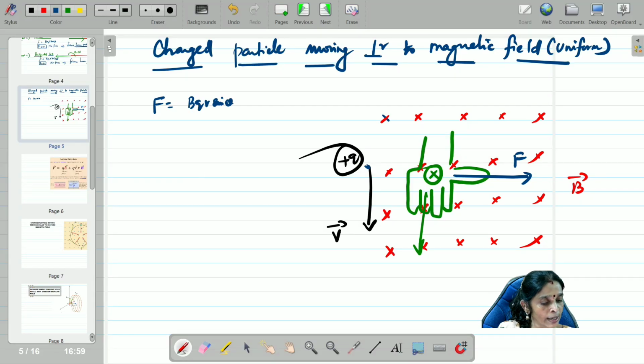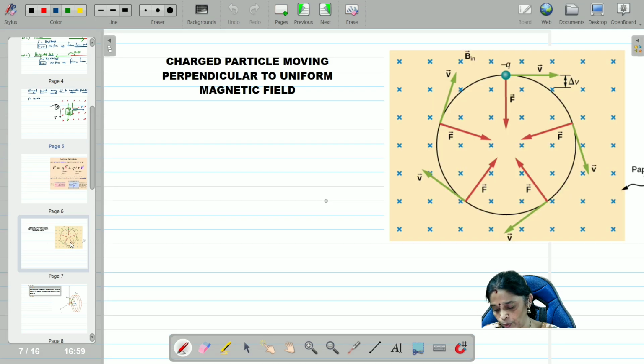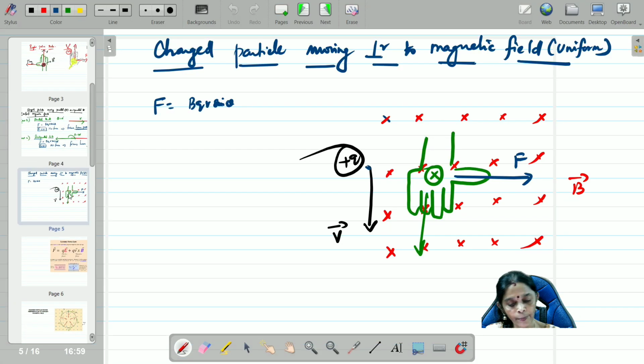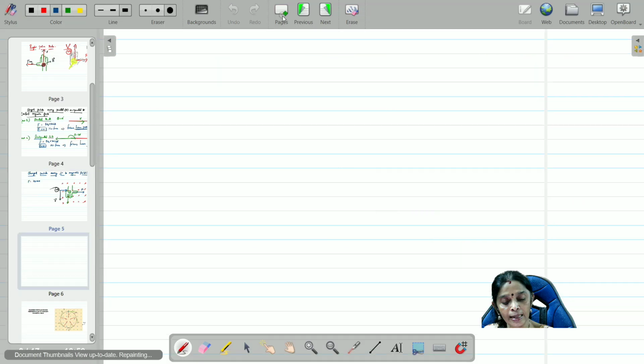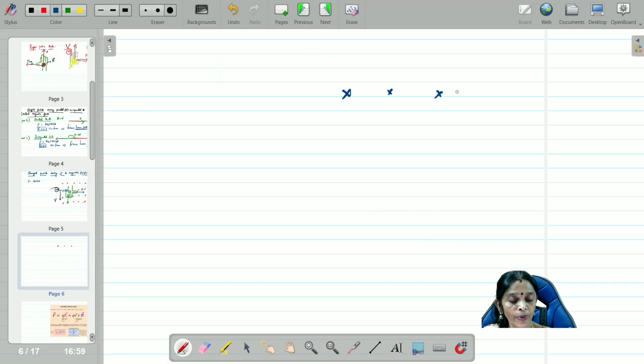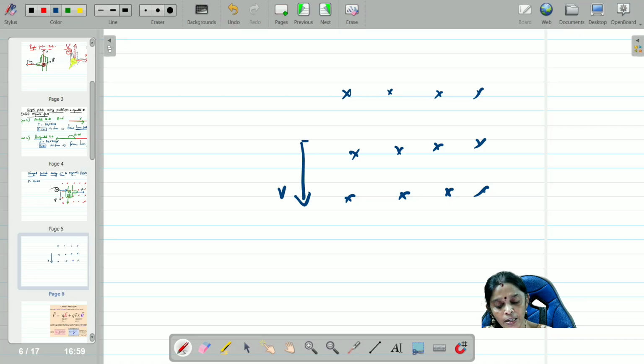So can we just go to the next? Here I will show you. A charged particle moving perpendicular to a uniform magnetic field. Look at that. Always it experiences a force. This is experiencing a force perpendicular to that velocity. Due to the magnetic field, this charged particle is experiencing a force in this direction.